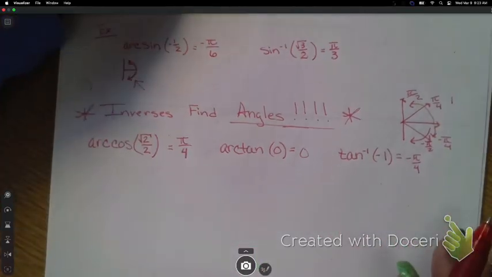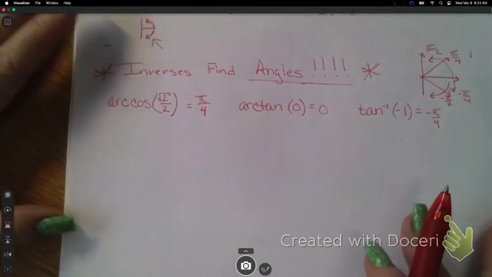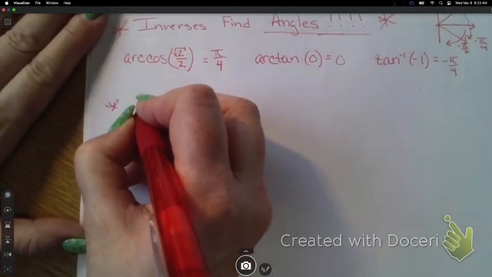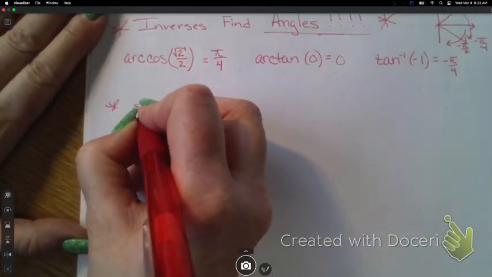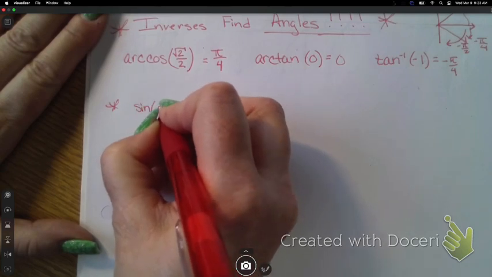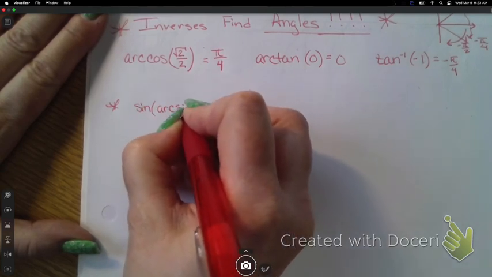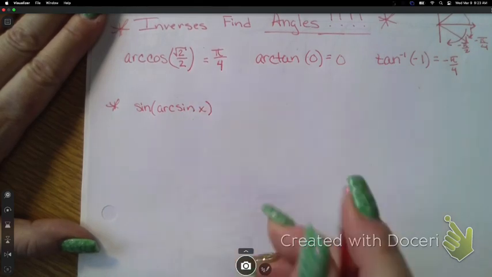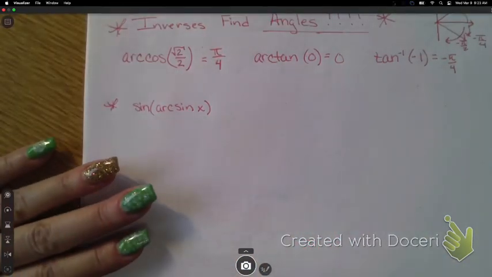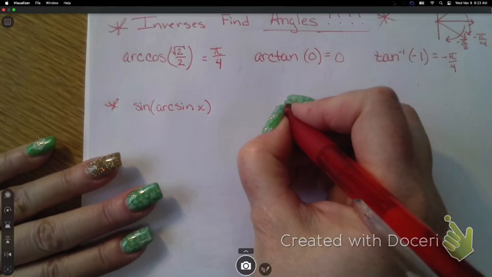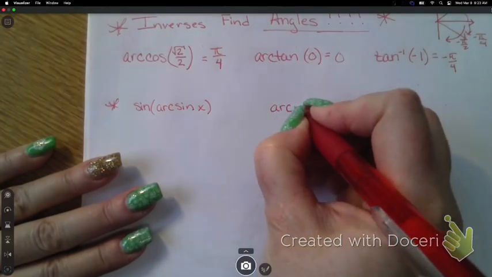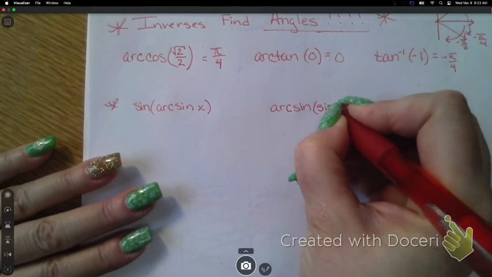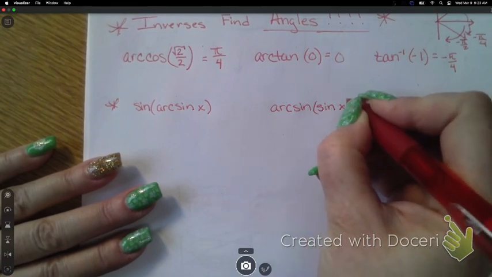When I work on these, what do you think happens if I take the sine of the arc sine of x? Or the arc sine of the sine of x.